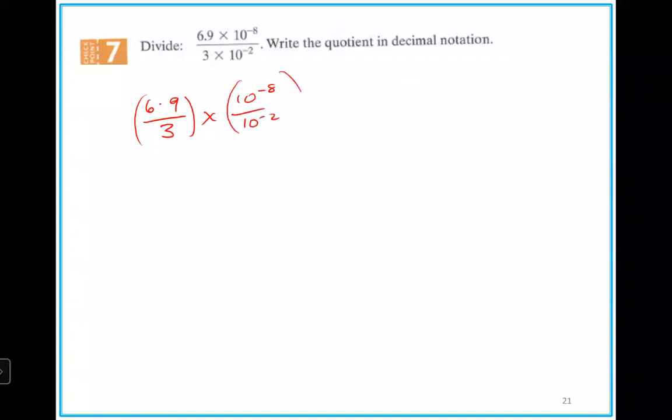And then I got 2.3 multiplied by 10 to the negative 8 minus negative 2. And then I got 2.3 multiplied by 10 to the negative 6 power. And then decimal would be 0.5023.